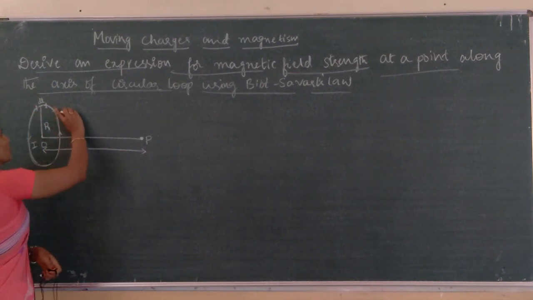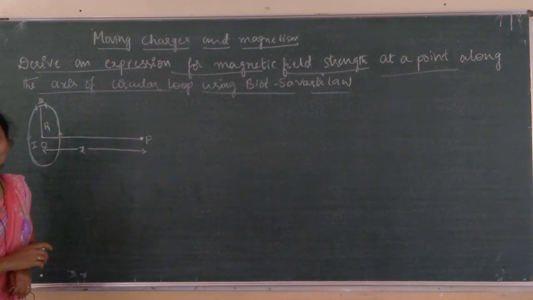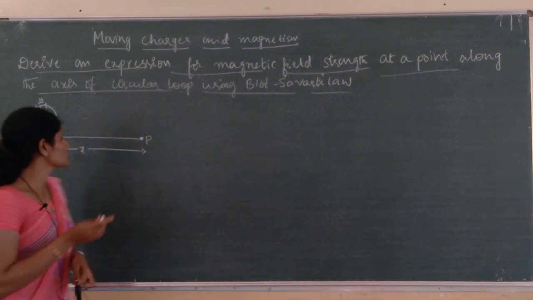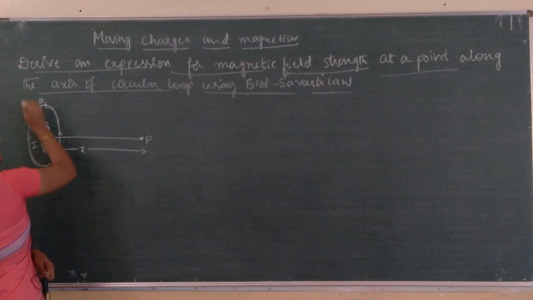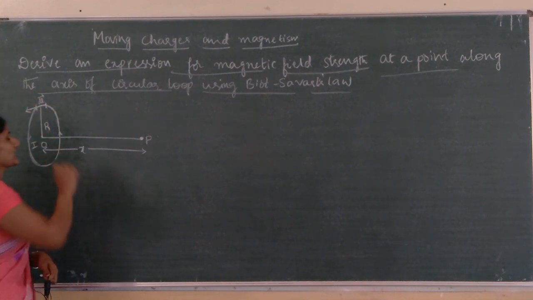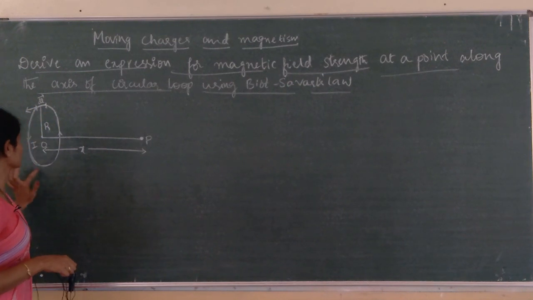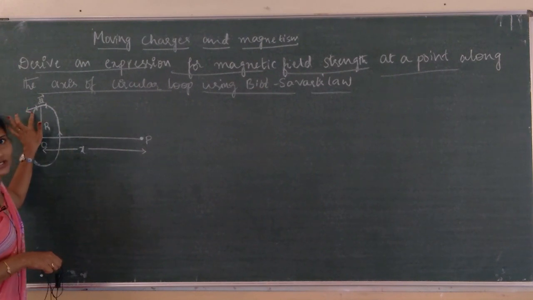So consider one line element dl. Here we are considering dl as a vector. The direction of the dl vector is like this, because current is flowing in this direction, so the direction of the dl vector is also in this direction.